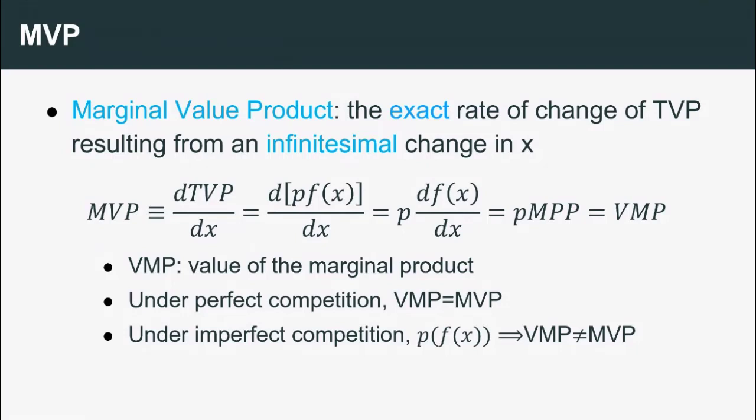Again, write TVP as a product of P, which is the output price, and the TPP, which we assume is a function of X. And we need to pay attention to this step here. So with the assumption that the farmer or the producer is a price taker, then P is going to be a constant. Or if you draw it in a graph, it's a horizontal line. And if it's a constant, then when you're taking the derivative, you can pull the P out.